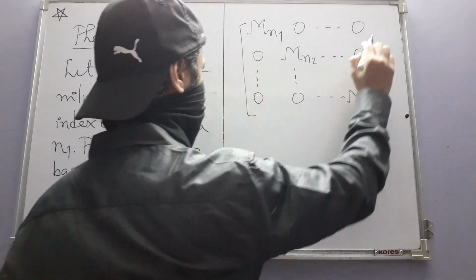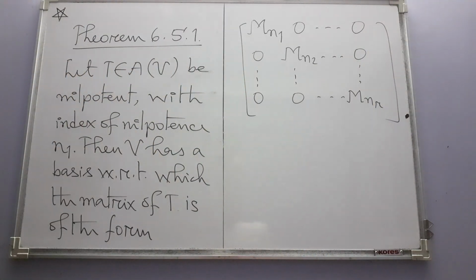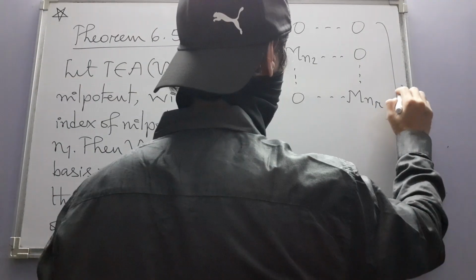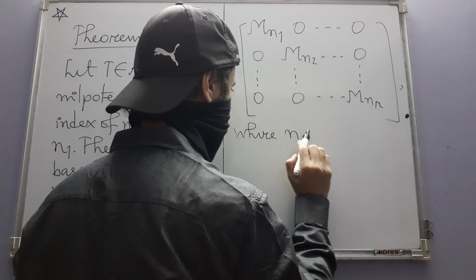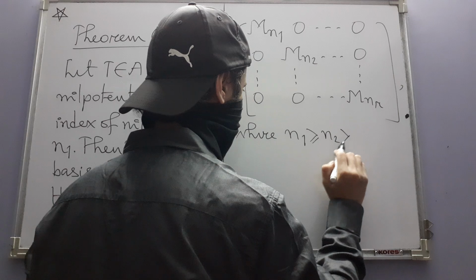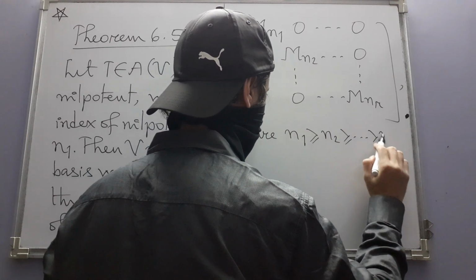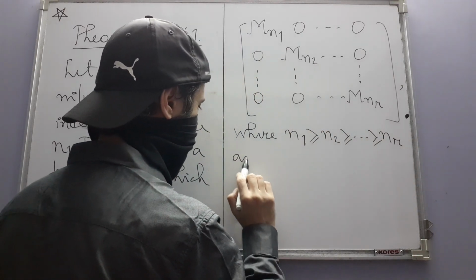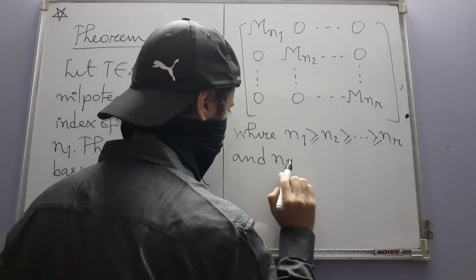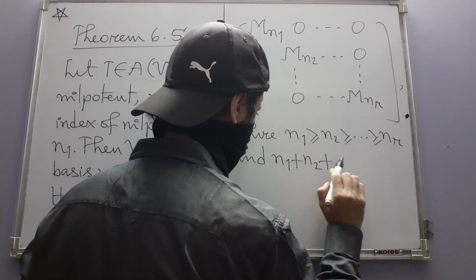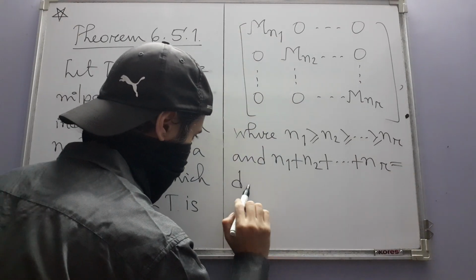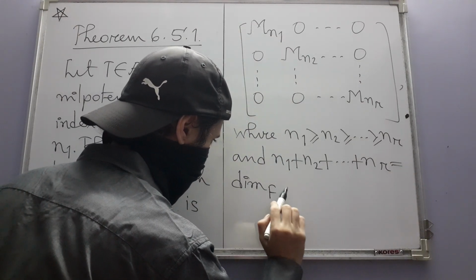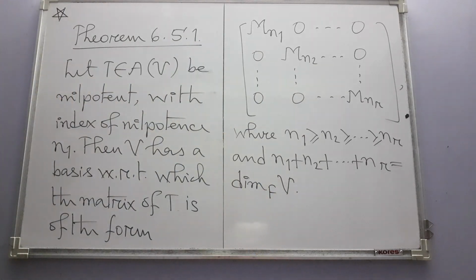So these M's are those matrices where the n's are appearing in decreasing order and the sum of these n's is equal to the dimension of the underlying vector space.